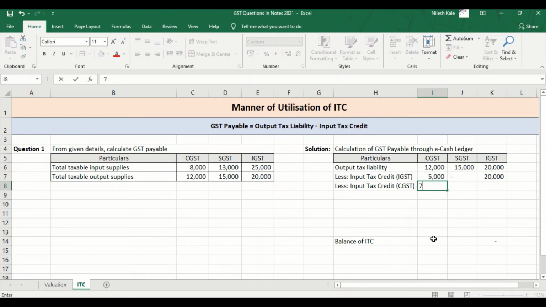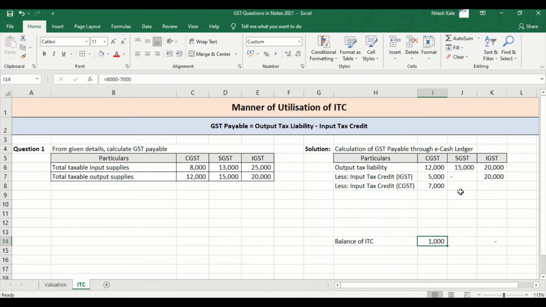Out of 8,000 I will use this 7,000 for the payment of remaining CGST liability. Now CGST liability also has become 0. How much is still remaining? Balance of ITC, I will write here 8,000 minus 7,000 which I have used. 1,000 CGST credit is still remaining.